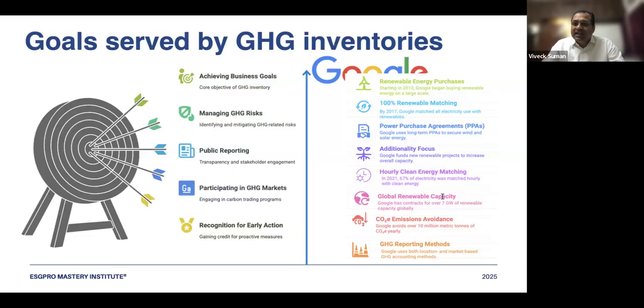So they promised themselves that they will not have purchased electricity, and they targeted net zero on that aspect. How did they do it? They started with large scale renewable energy purchases. By 2017 itself, they were able to match their 100% electricity requirement through renewable energy.